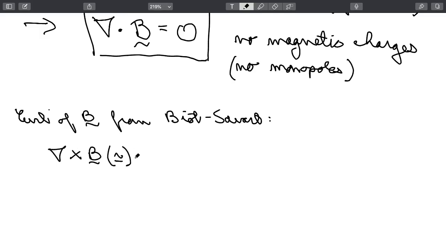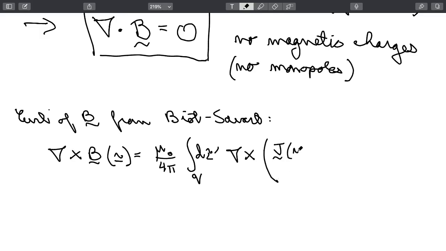Curl of B at r is equal to mu0 over 4 pi, the volume integral over my source currents of the curl applied to the expression that I had in my Biot-Savart, which was just the current density j(r') cross (r minus r') divided by |r minus r'| cubed.